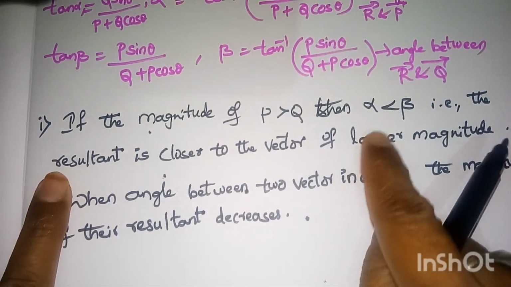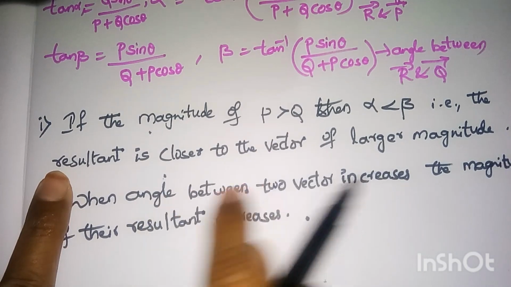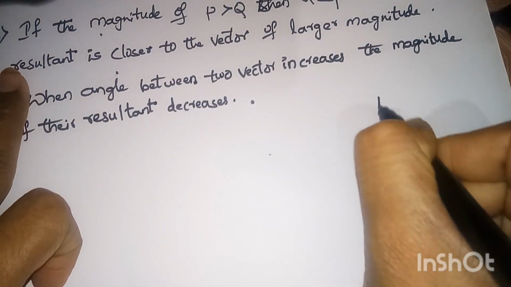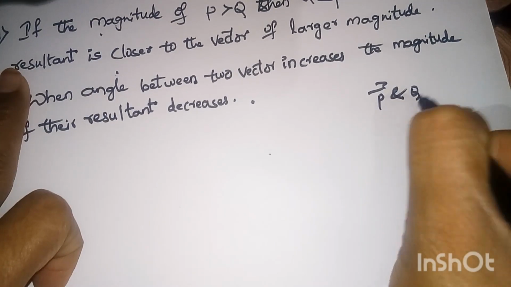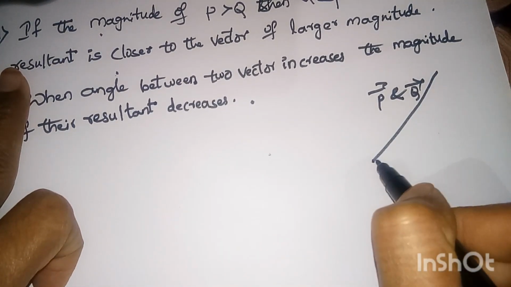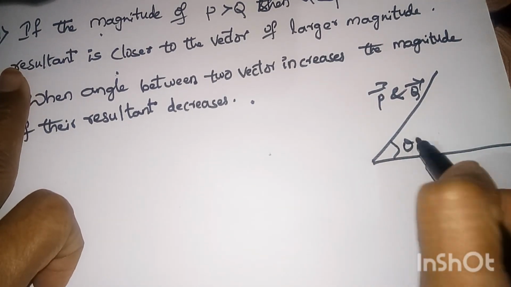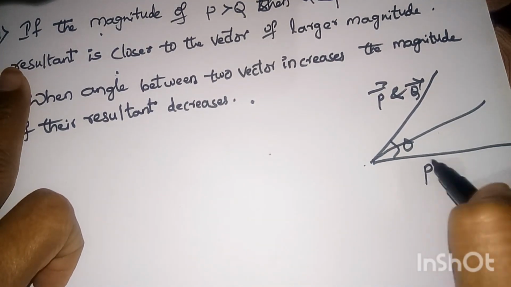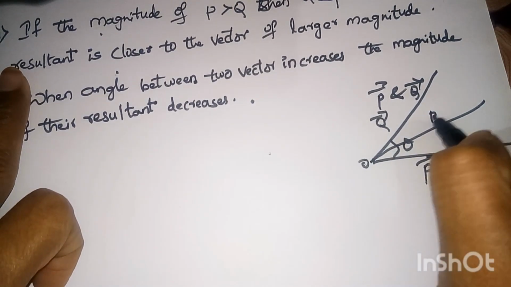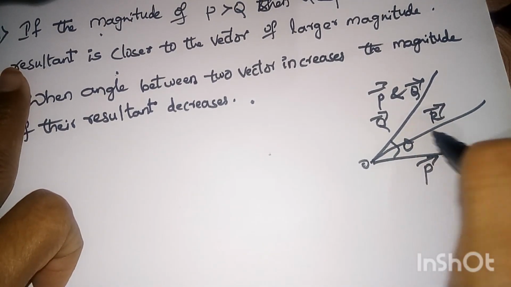Suppose the angle between the two vectors P bar and Q bar is theta. As you all know, this is P bar, this is Q bar, this is O, and this will be the resultant in the parallelogram law.